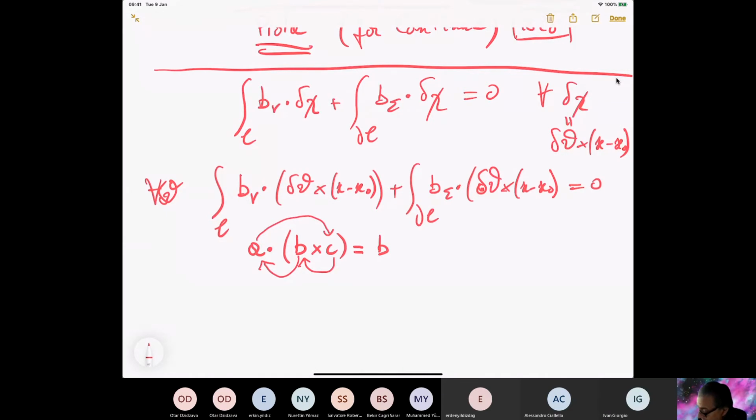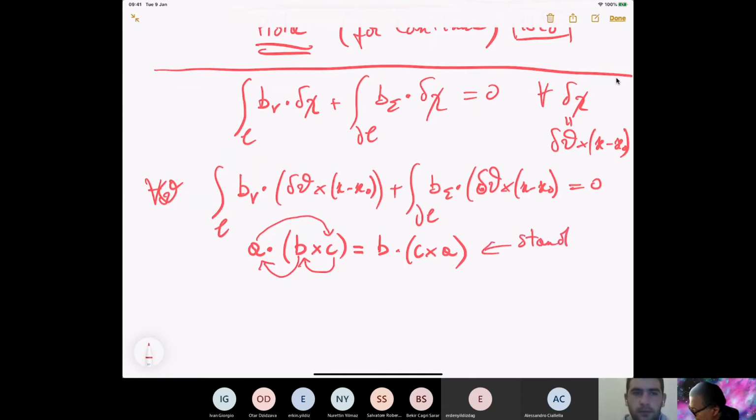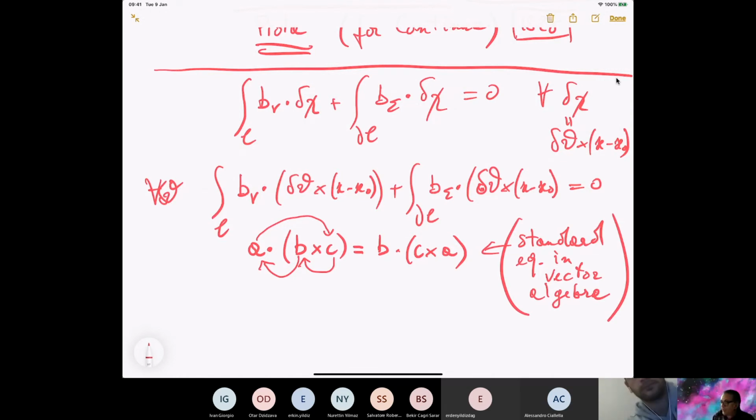So you have B dot C vector A. This is a standard equality in vector algebra. And you could not survive any class in electromagnetism without understanding, without checking this equality.